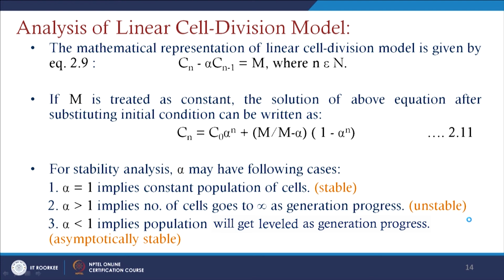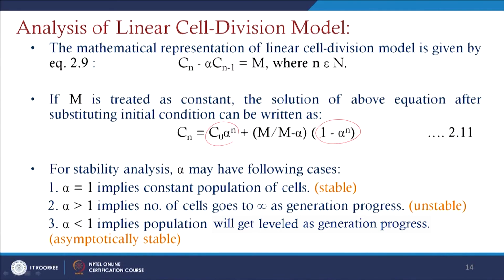So, C n minus alpha C n minus 1 equals m for n belongs to N here. If m is treated as a constant here, the solution of the above equation after substituting the initial condition can be written as C n equals to C 0 alpha to the power n plus m by m minus alpha into 1 minus alpha to the power n here.